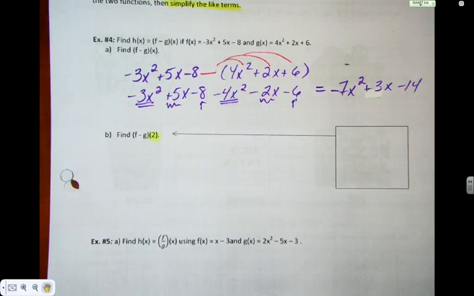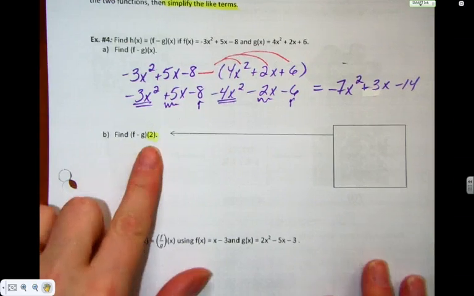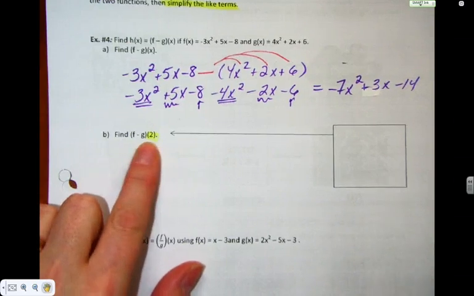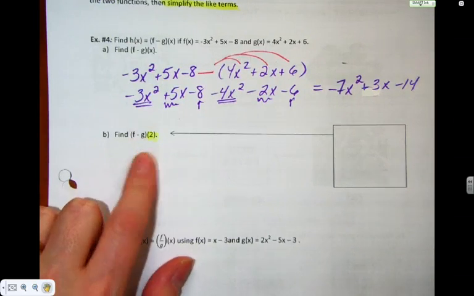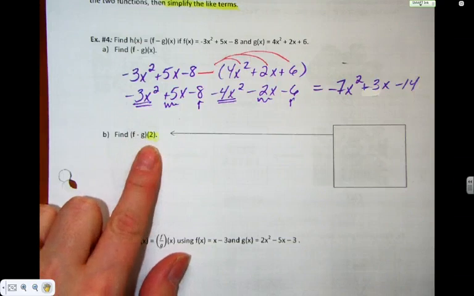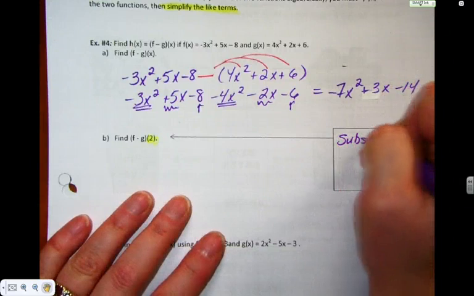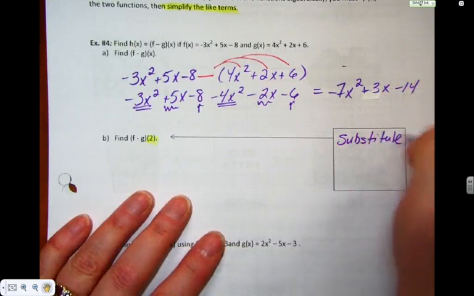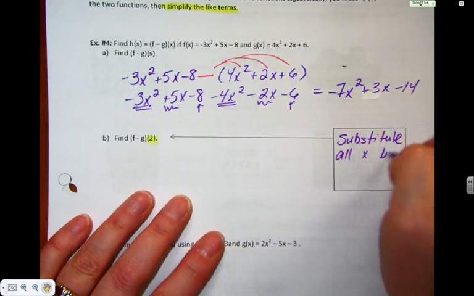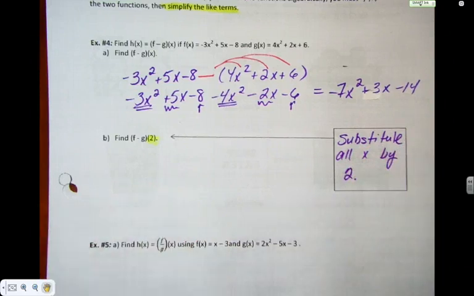So we've actually done this in grade 10 when we started looking at functional notation and this f of x and g of x stuff. If they suddenly throw a number, this isn't saying multiply. This is saying take the x value and replace it for 2. So this is substitute all x's by 2.